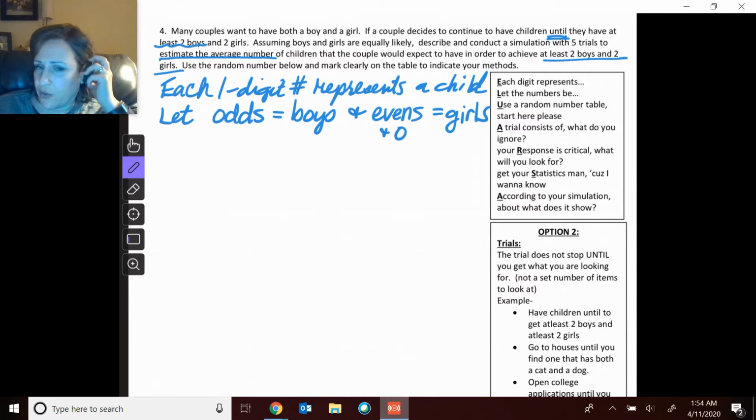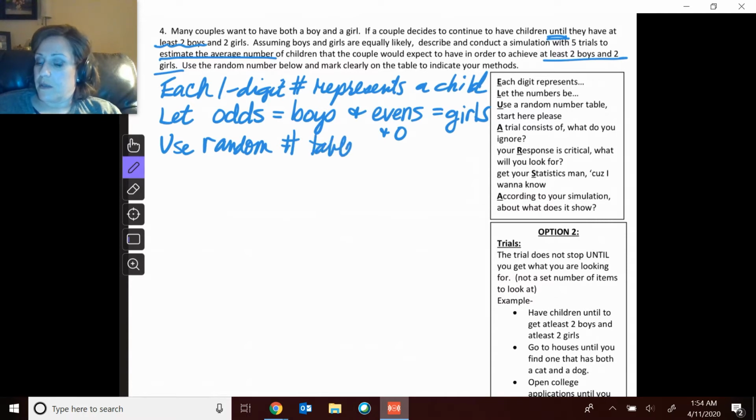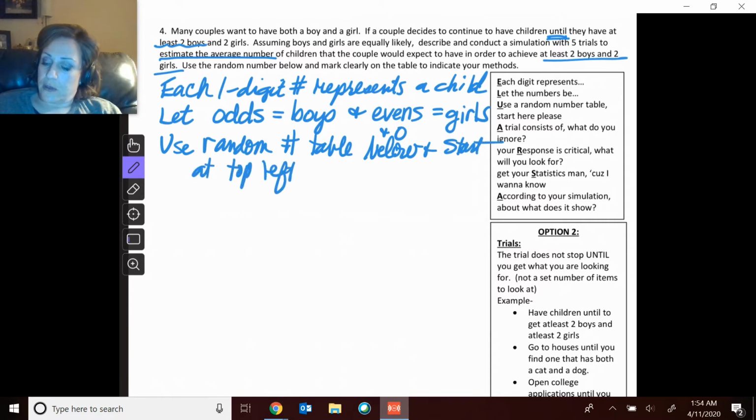I don't remember number theory stuff like that. Okay. So there's my each digit represents, let the numbers be. Use the random number table below and start at the top left-hand corner.